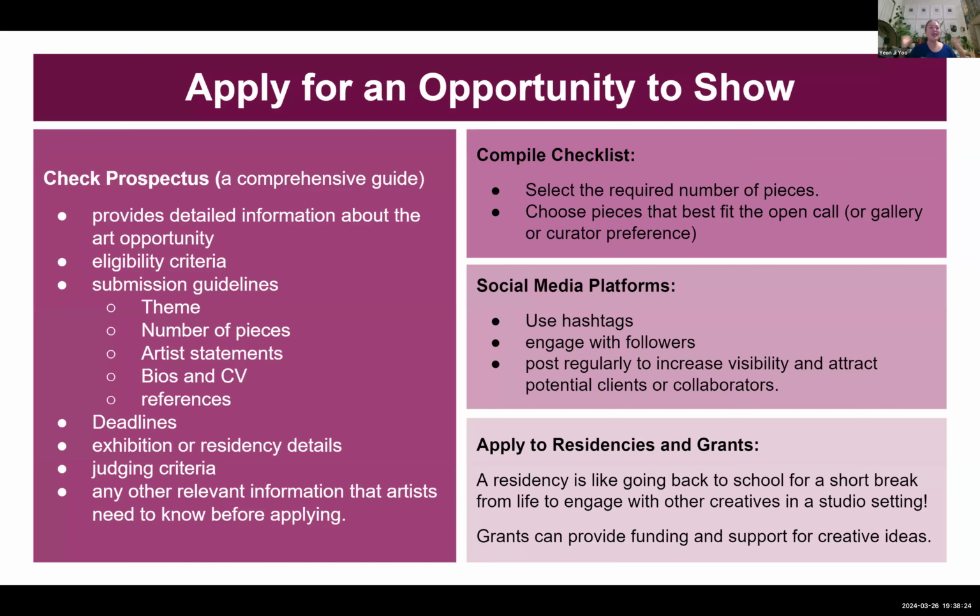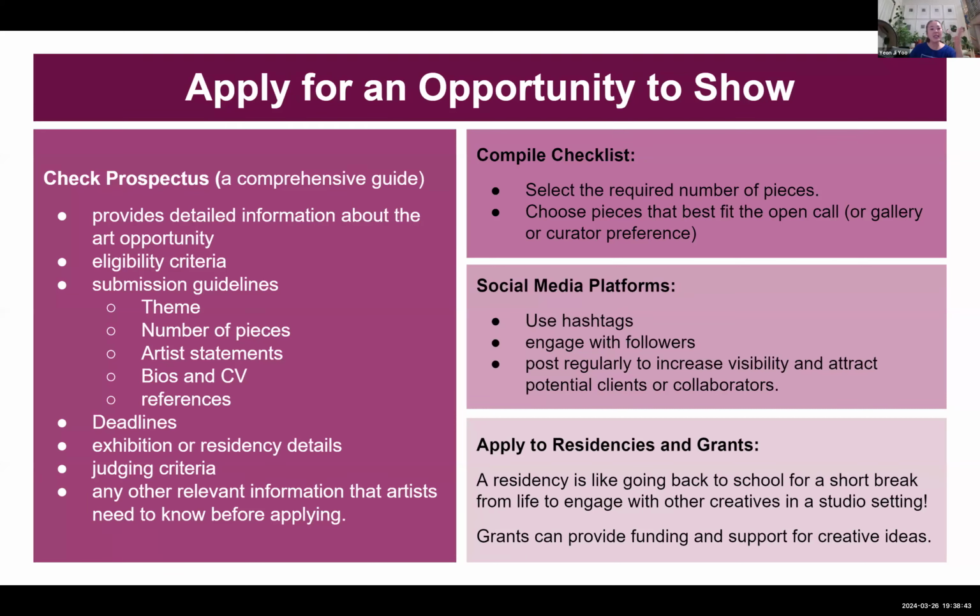Let's say you found a great opportunity and you're like, this is perfect for me. I'm gonna try this. What you will need to do is check the prospectus. A prospectus is either a document or it's just laid out on the online site, because you're applying for these online.